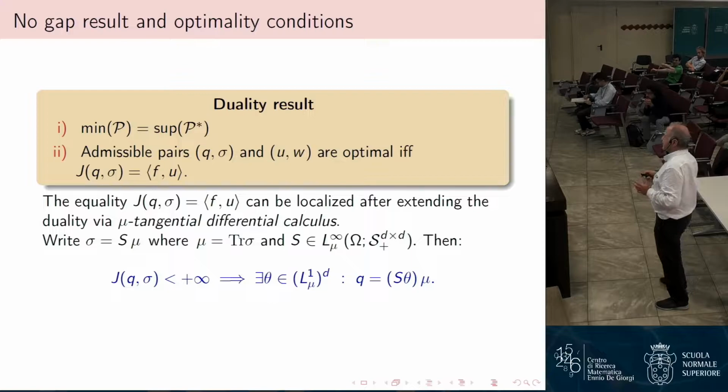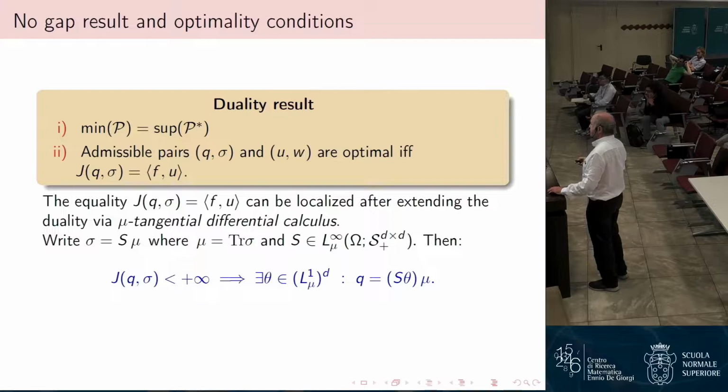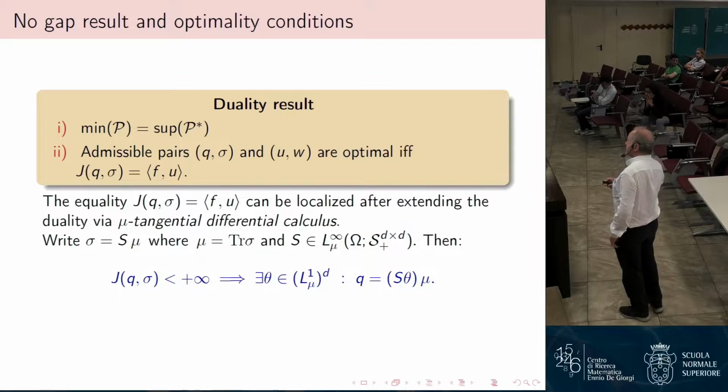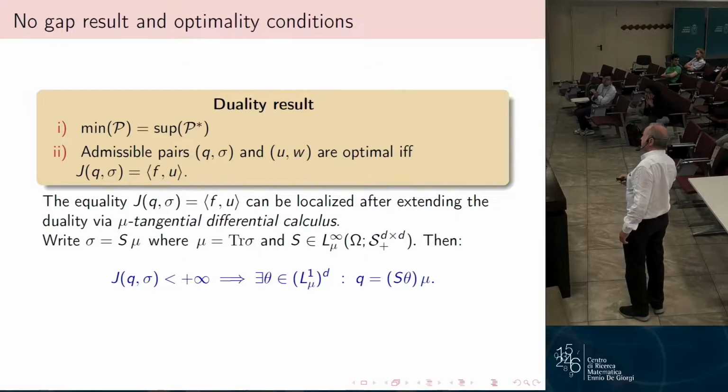So if I consider admissible Q, sigma which has finite energy with respect to the convex functional, automatically Q has to be absolutely continuous with respect to sigma, but sigma is carried by the trace of mu, so I put Q equal something times mu, but the density has to be in the image of S, where S is the density of sigma with respect to its trace.